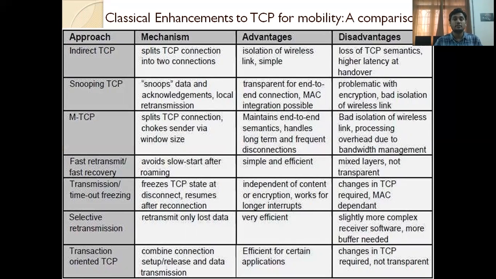But it is not suitable for wireless communication. For that purpose, some improvements are required. The classical enhancements to TCP are the improvement techniques: indirect TCP, snooping TCP, mobile TCP, fast retransmission and recovery, timeout freezing, selective retransmission, and transaction-oriented TCP. All these we covered in part 1 of unit 4.